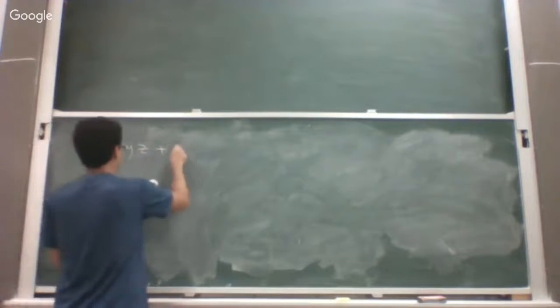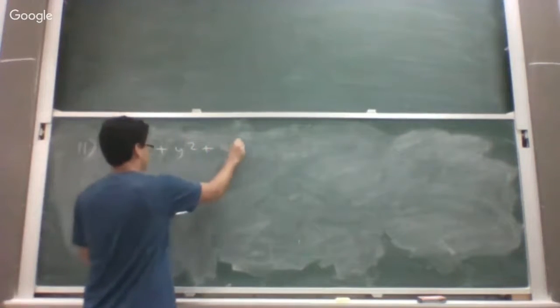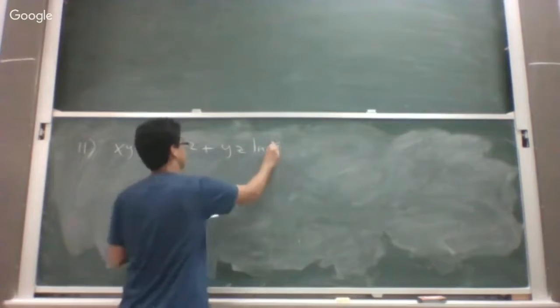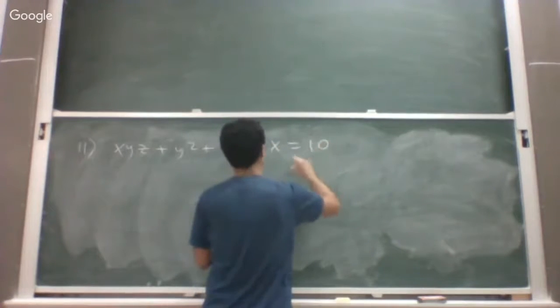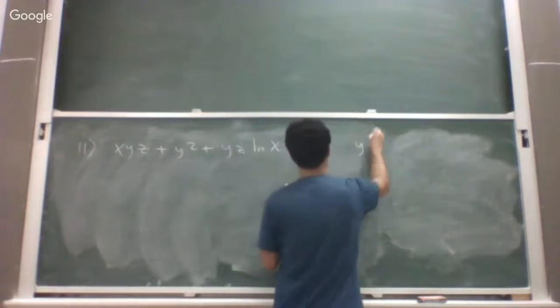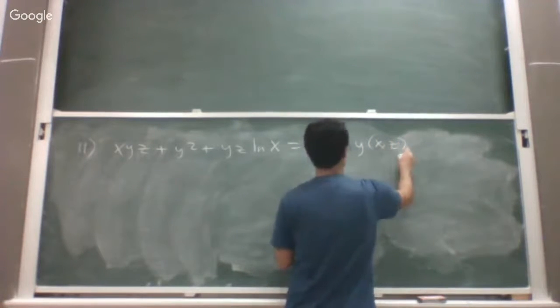xyz plus y squared plus yz natural log of x equal to 10. y is a function of x and z implicitly.